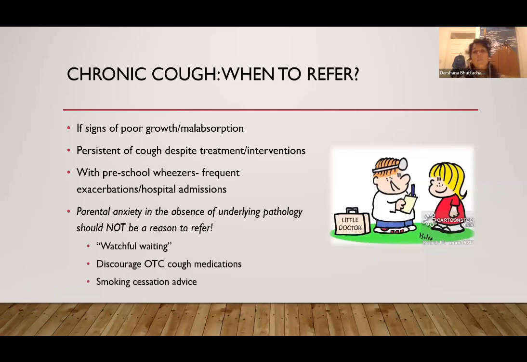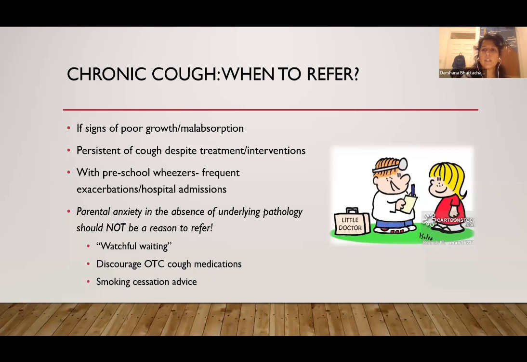Parental anxiety, on the whole, shouldn't be a reason to refer if you have a child that is reassuring in their clinical picture, with an absence of obvious underlying pathology. The way to reassure parents in this tricky situation is to explain that a period of observation or watchful waiting is quite helpful, especially if you are waiting for any investigations to come back.